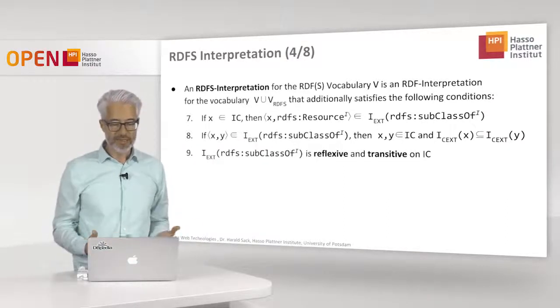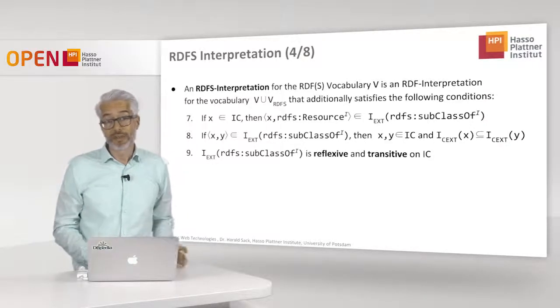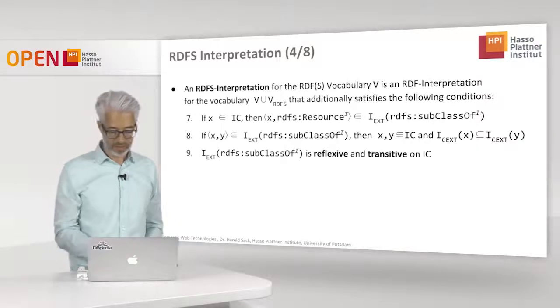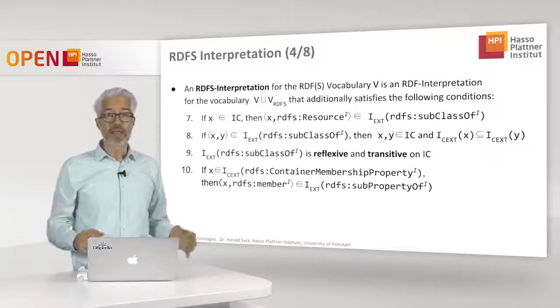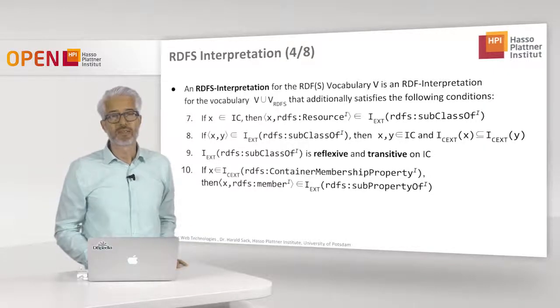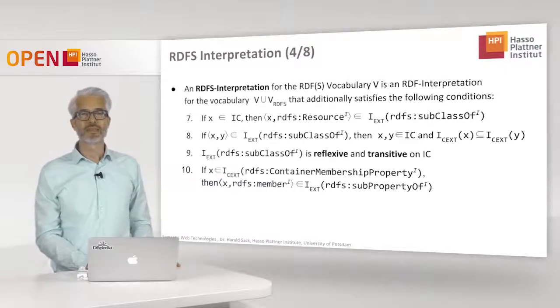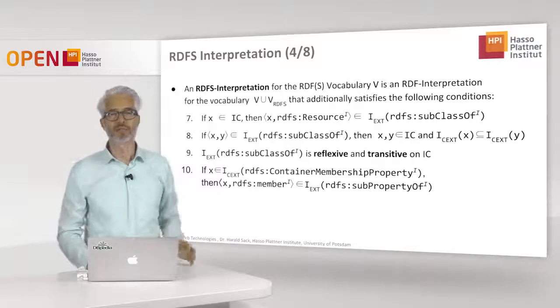Next one, again, also subclass in the same way as subproperty, of course, is reflexive and transitive on the set of classes. Next one, container membership properties. Okay, if X is one of these container membership properties, then X is always a subproperty of RDFS member.